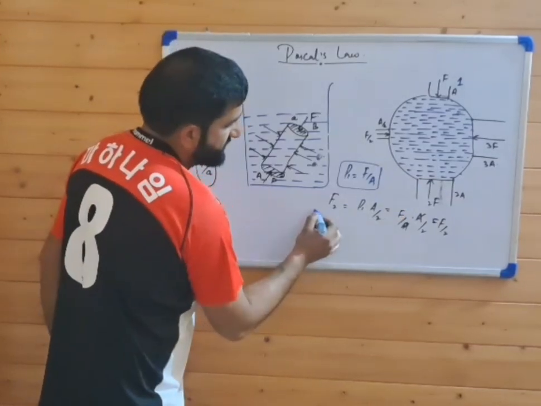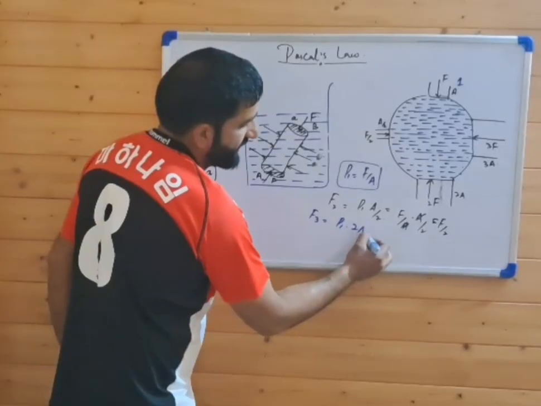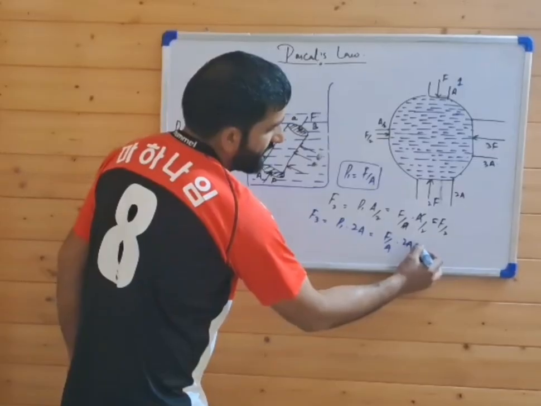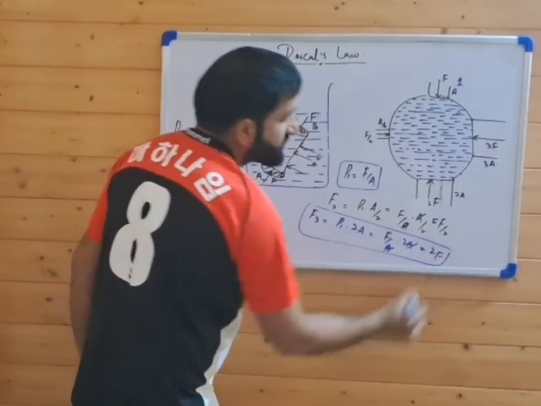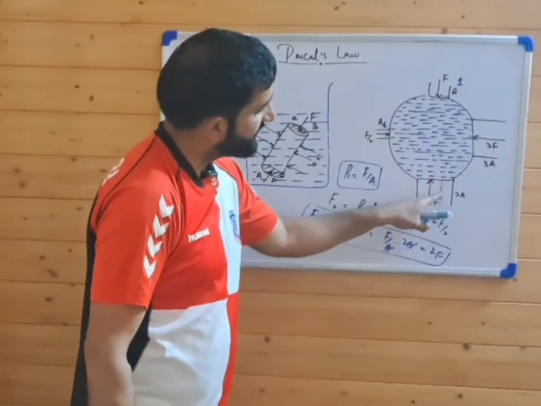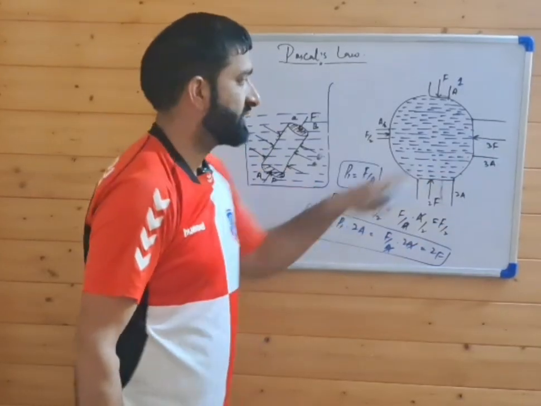In case number 3, F3 will be equal to P1 into 2A, that is F divided by A into 2A. A and A cancel out, so the force is equal to 2F. So to keep the piston in place, we have to push it inward by a force of 2F. Let us take the last calculation.